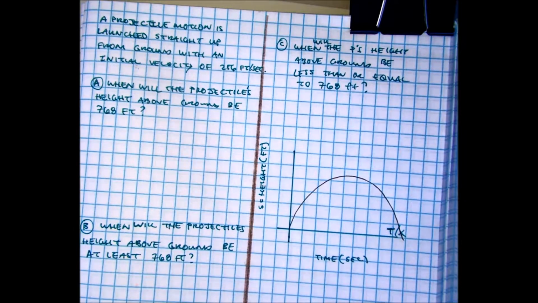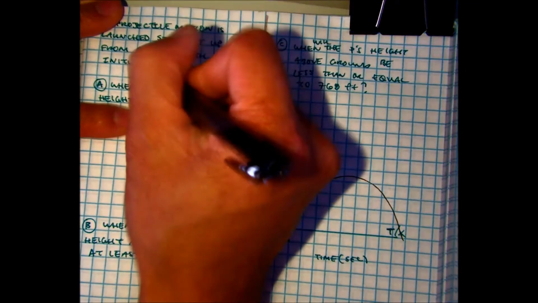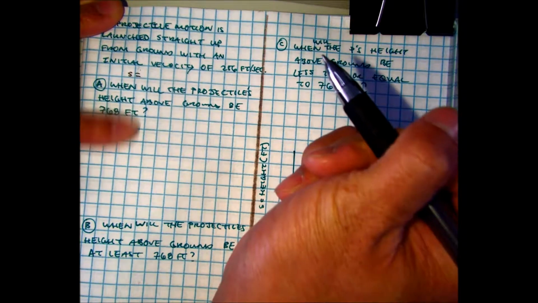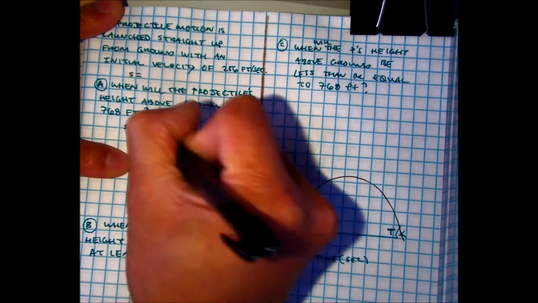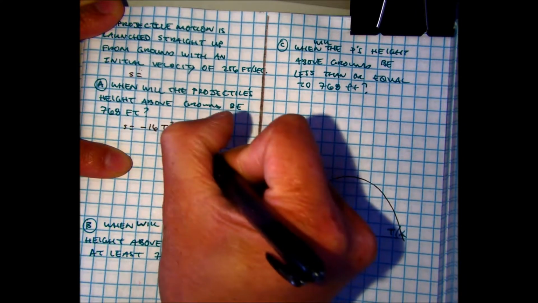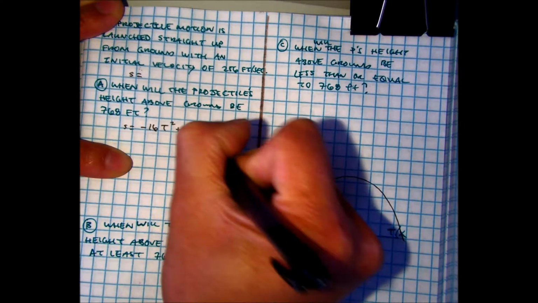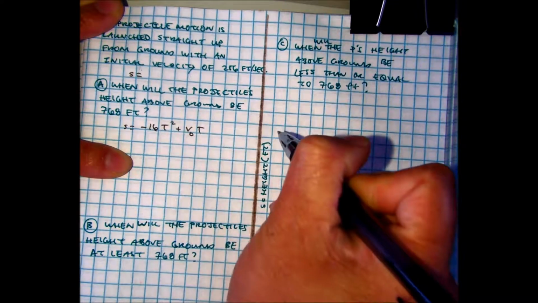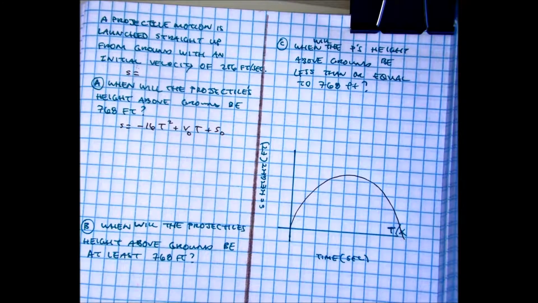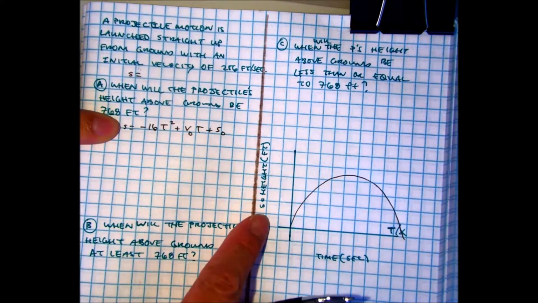You guys just wrote down a formula. Tell me the formula. S equals negative 16t squared. The S represents the height.